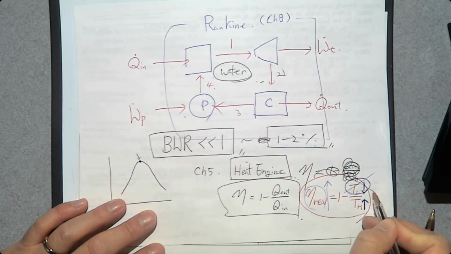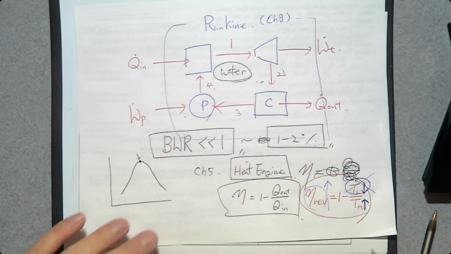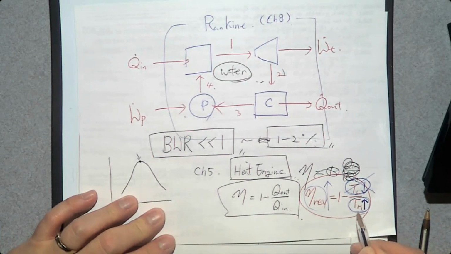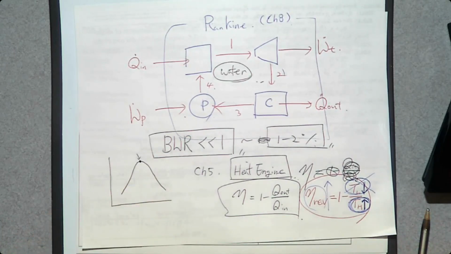So that's not an option. So the only way to improve the thermal efficiency of a heat engine is to increase the temperature of the energy source. However, if you use water, the temperature TH is limited by this critical point. So that is the disadvantage.